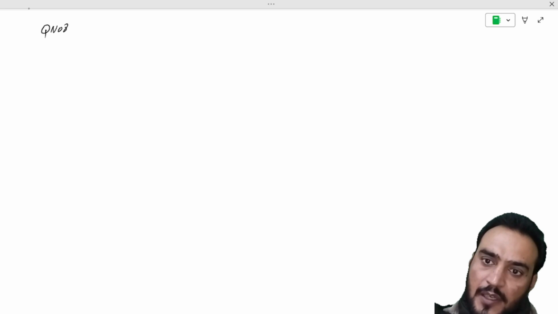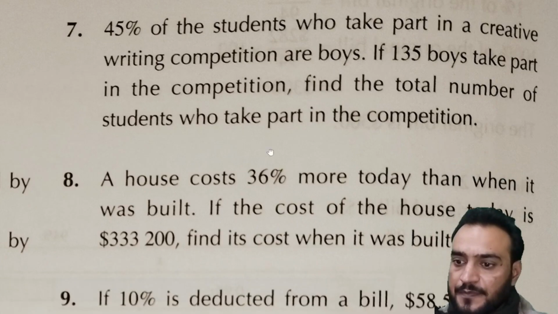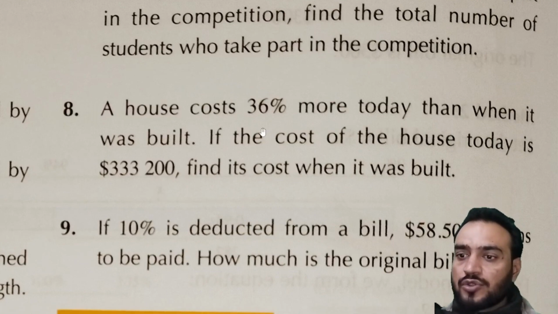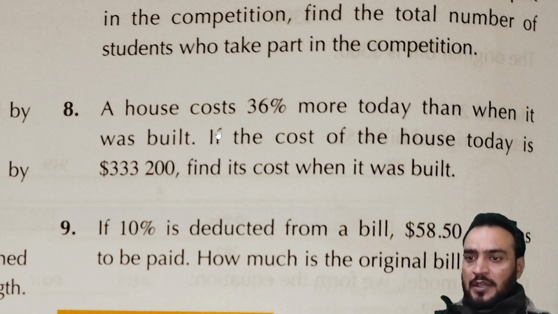Question number eight is here. A house costs 36% more today than when it was built. Actually, there was an increase in the value of the house, because when it was built, it was 36% less by cost.